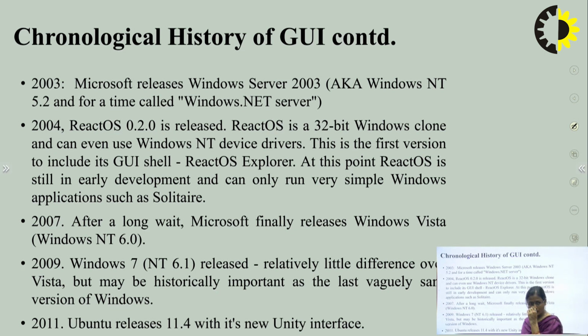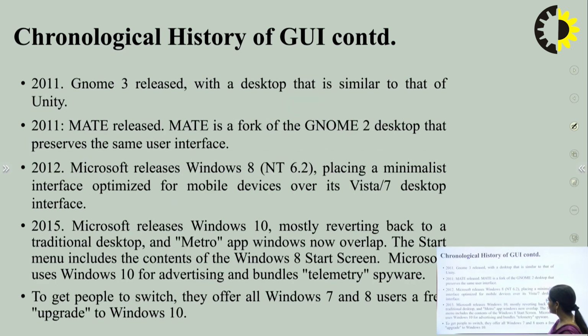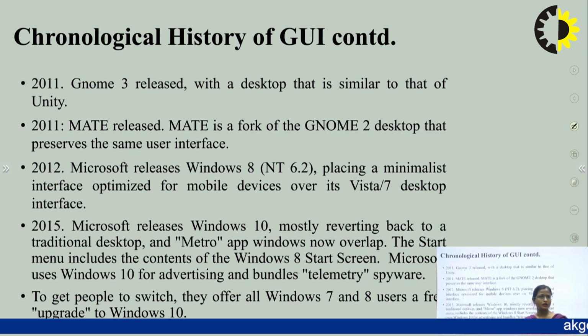And in 2011, Ubuntu releases 11.04 with its new Unity interface. Then in 2011, GNOME 3 was released with a desktop that is similar to that of Unity. And in 2011, MATE was also released. MATE is a fork of the GNOME 2 desktop that preserves the same user interface that is based on our GUI.